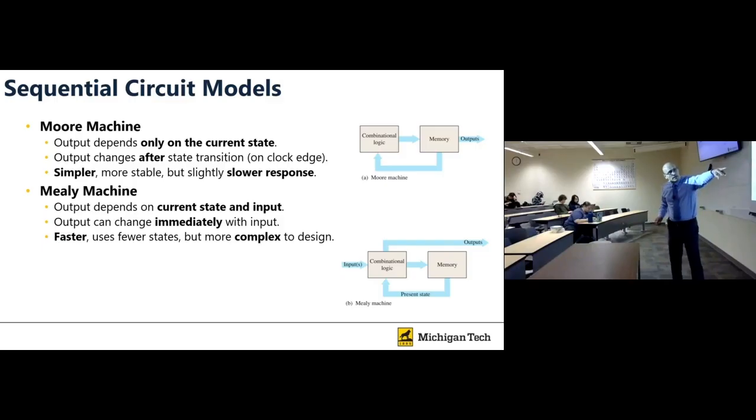You can get the output from memory or combinational logic, it doesn't matter. That's not what is important for deciding whether the system is Moore or Mealy. So this output doesn't matter whether it comes from here or here. And here also the same. Output can come from here. But good question. Any more questions?